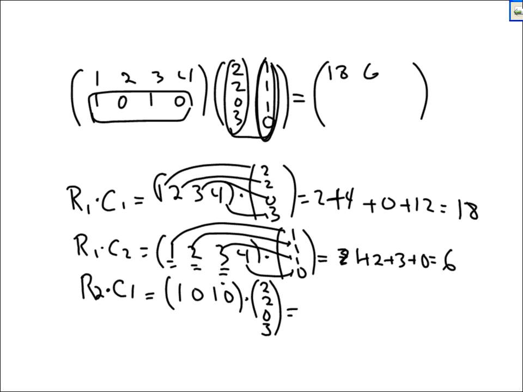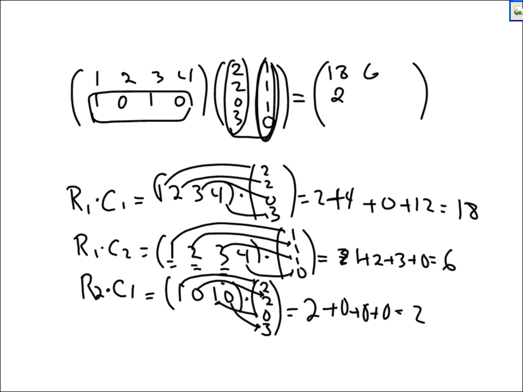Here, we're going to get 2, because 1 times 2 is 2. And multiplying by those zeros isn't going to give anything, and the other 1 is being multiplied by 0. We just got 2: 2 plus 0 plus 0 plus 0 is 2. That's row 2, column 1.